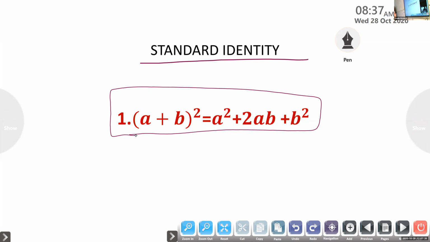Anandita, what is (a plus b) the whole square? Read. (a plus b) the whole square is equal to a square plus 2ab plus b square. Jeff, read. Nikhila, read.